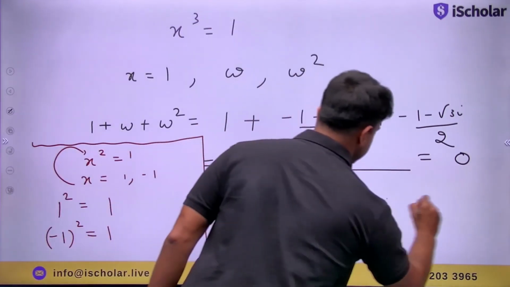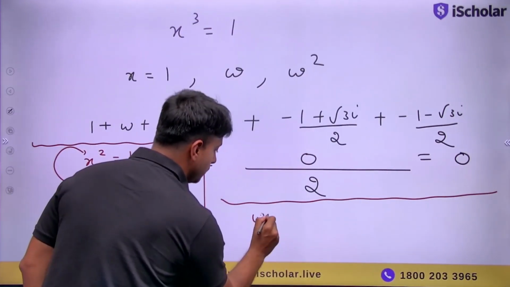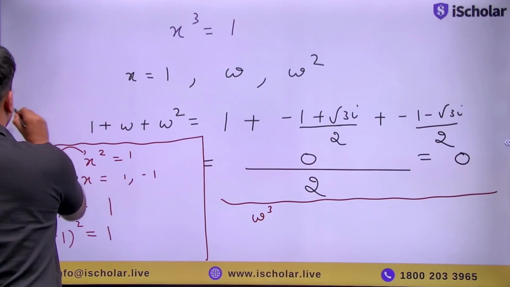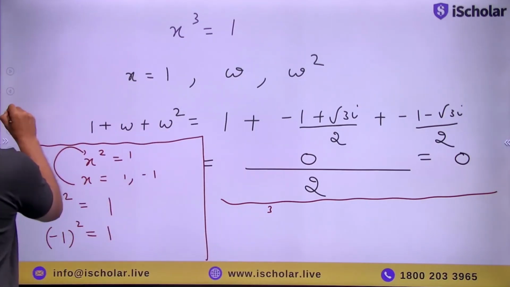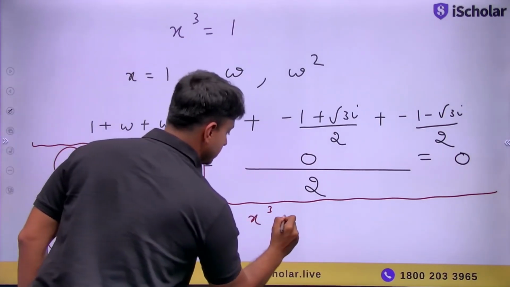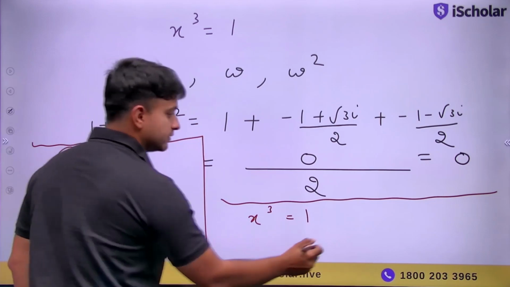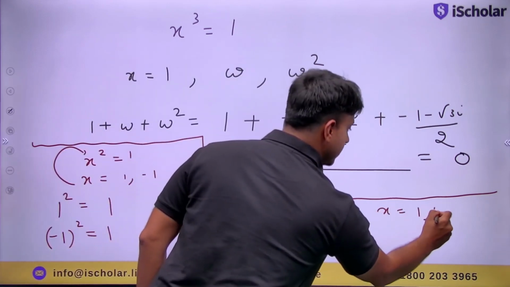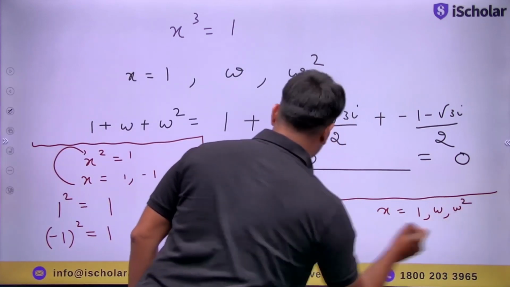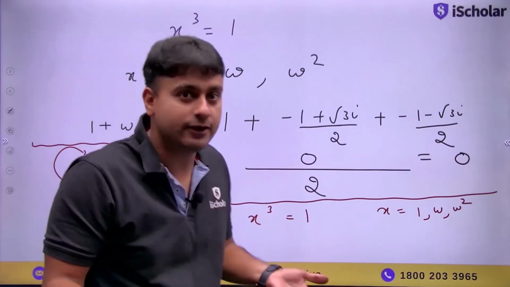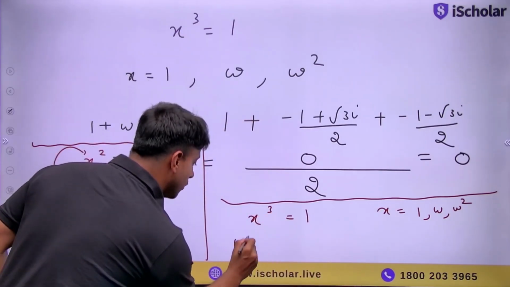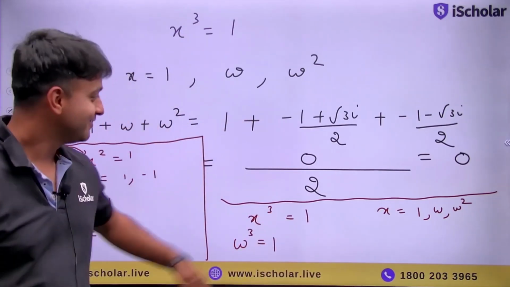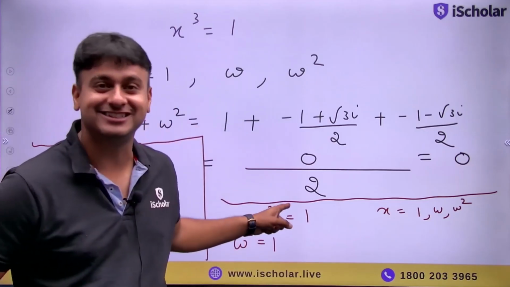Here, what is our expression? That omega cube, or you can say x cube, is 1, correct? So what are the roots? We get x equals to 1, omega and omega square. So 1 cube should be 1, which is obviously true. So omega cube should also be 1, because it should satisfy the equation.